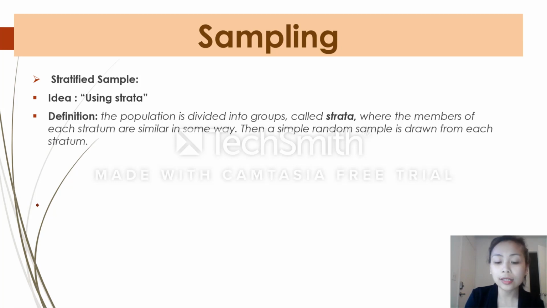For example, in the last example, in the stratum of people who work part-time, they have one similarity, that is they are all working part-time. In the group of people who work full-time, they have one similarity, that is they are all working full-time. So a simple random sample is drawn from each stratum and then combined together.